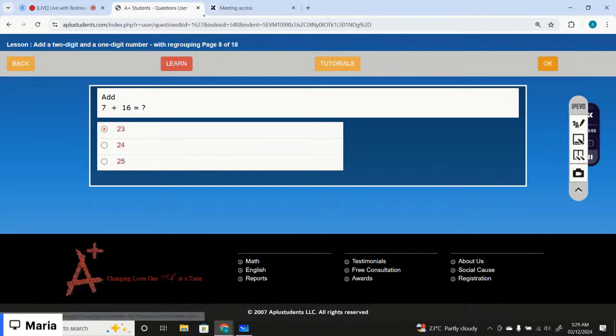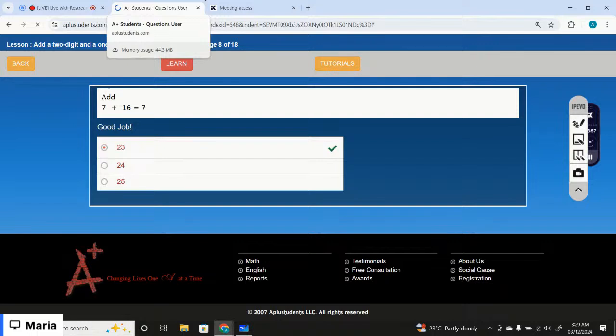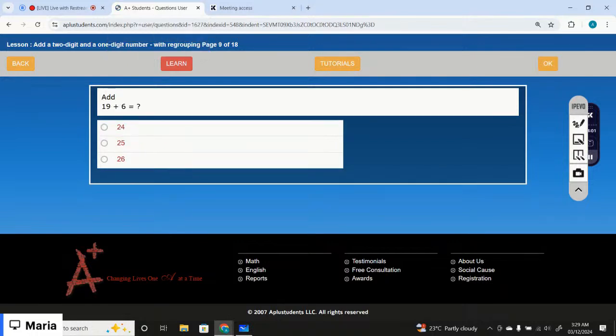That is 23. Option number 1 is the correct option. 19 plus 6, which is the correct option? 25 it is.